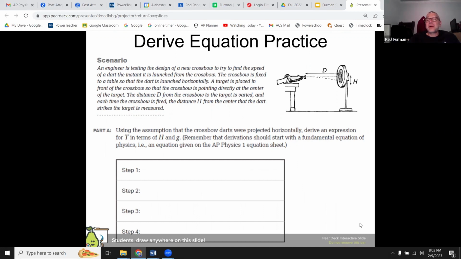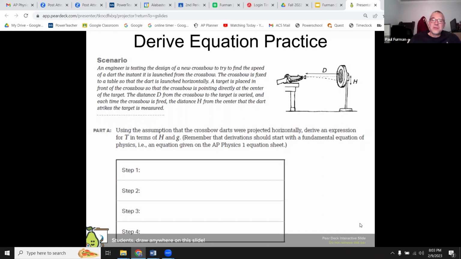And as it's fired horizontally, it's going to drop some vertical distance h. And the question here says, derive an equation for t, which would be the time, in terms of h and g.